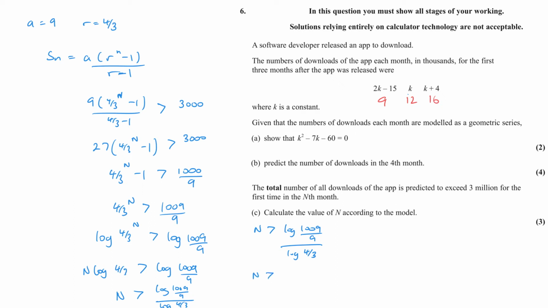So now log, it can be any log when we write it like this, as long as it's the same base. I usually do base 10, you can do base e as well, it doesn't really matter. Log.